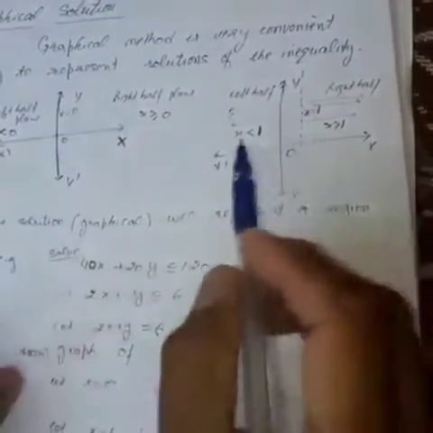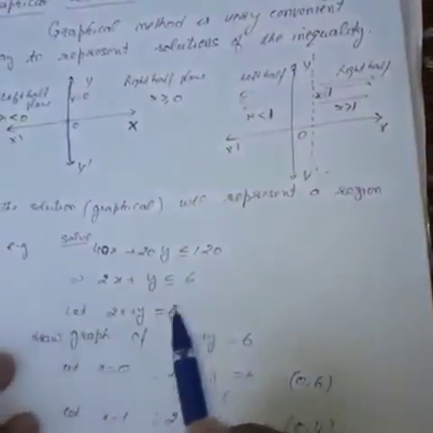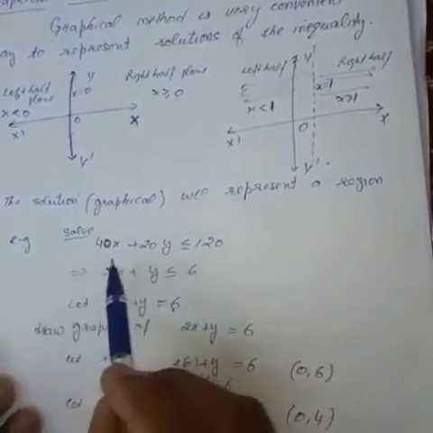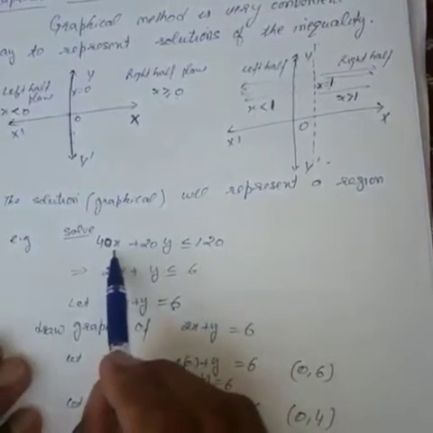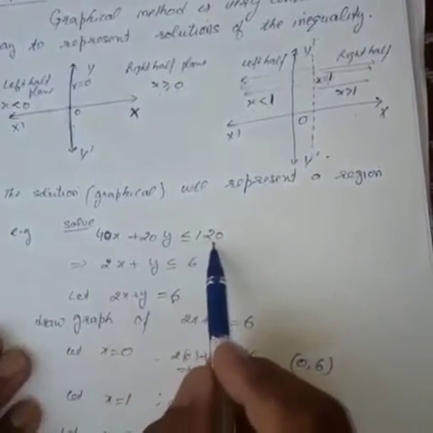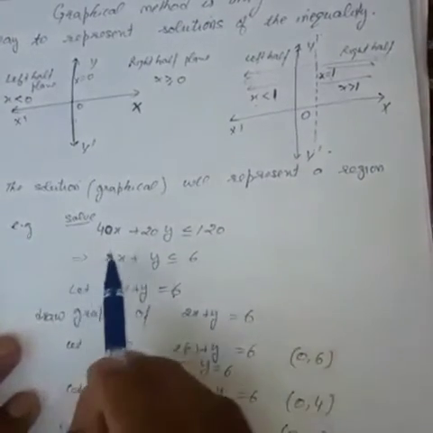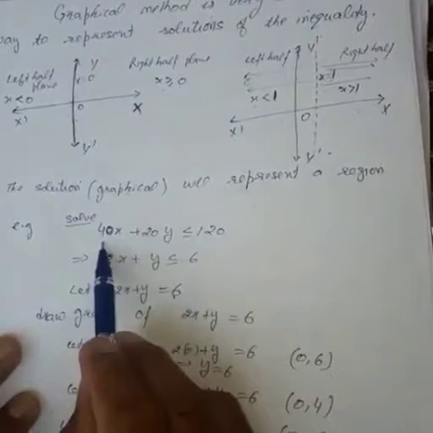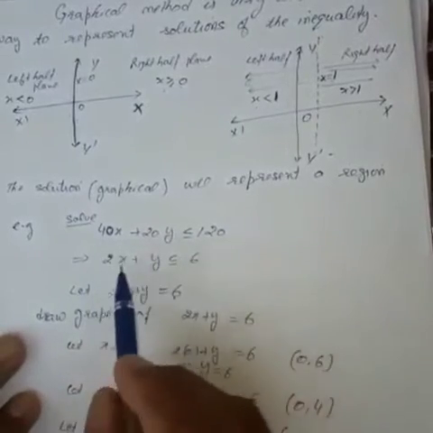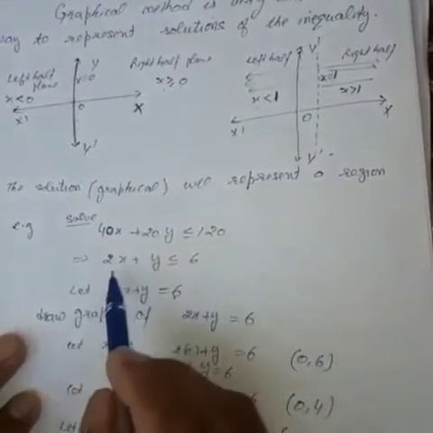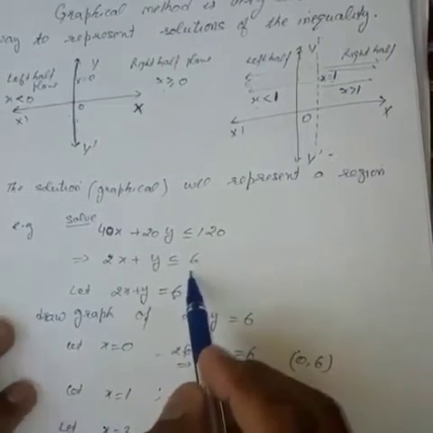So the way to represent, you can consider one example. Now solve graphically 40x plus 20y less than or equal to 120. So we can simplify, you can divide this inequality by 20 on both sides, so it will be 2x plus y less than or equal to 6.